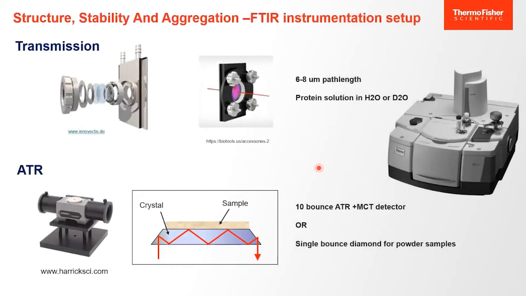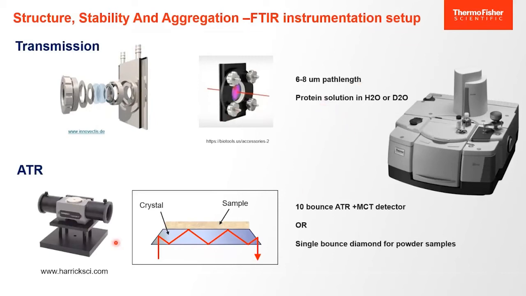When we think about protein structure, stability, and aggregation, and analyzing samples in FTIR, there are two key sampling techniques that we have to remember. One is transmission, for which we can use transmission cells like these, which have very small path lengths, like 6 to 8 microns, and we can use protein solutions that are in H2O or D2O based buffers.